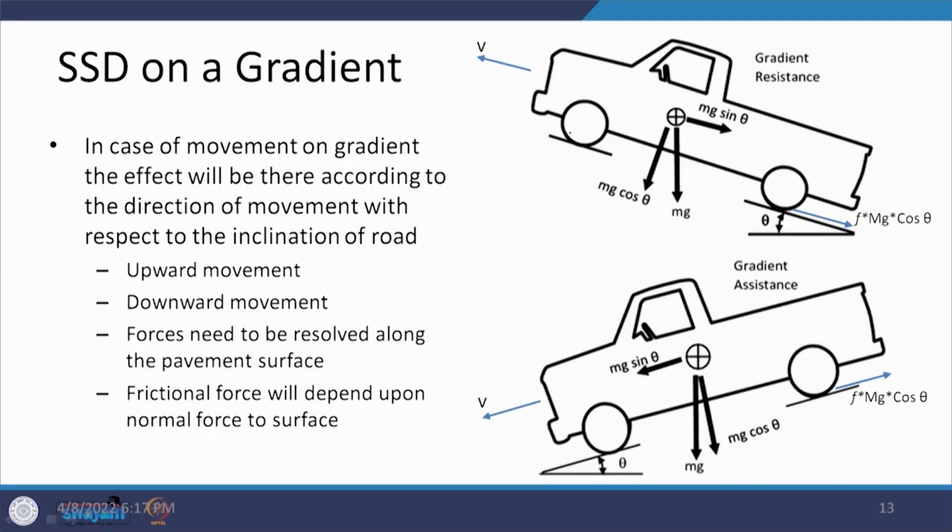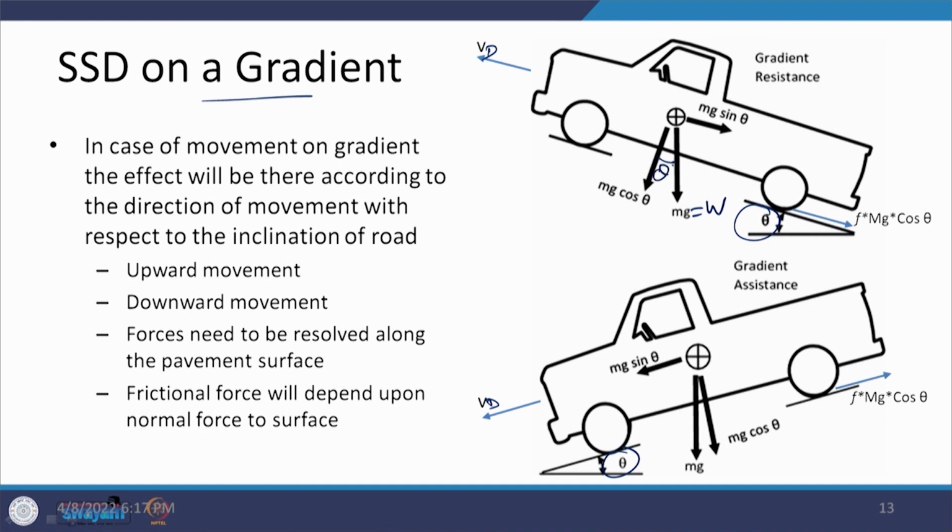Let us look at the effect of the gradient. The vehicle is moving here in the upward direction with a gradient theta, whereas in this case it is going in the downward direction with theta. This is the design speed with which the vehicle is moving. This is the weight of the vehicle acting vertically downwards.